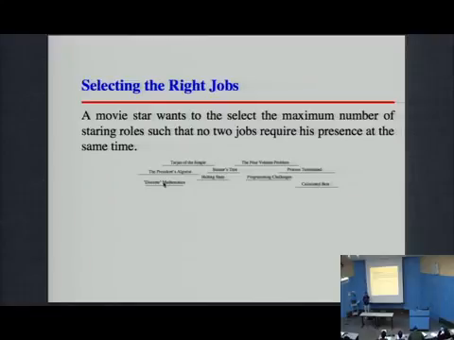Why is that? Can anybody argue that that's a good thing to do? Yeah? So let's look at this. My first movie is going to have to end someplace, right? So let's say I look at my optimal solution. My leftmost movie is going to have to end someplace, right?